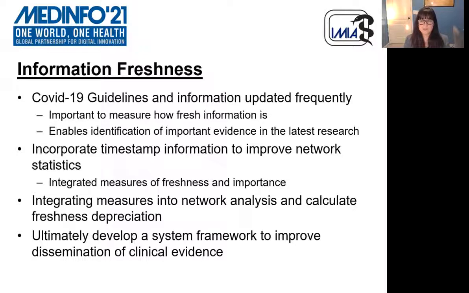We can incorporate these measures into the network analysis to account for both importance and freshness of the information. This work is part of an ongoing research project to develop a systematic framework to leverage network analysis for identification, organization, semantic processing, visualization, structural analysis, dynamics examination, and usage pattern assessment of online resources to improve dissemination of clinical evidence.